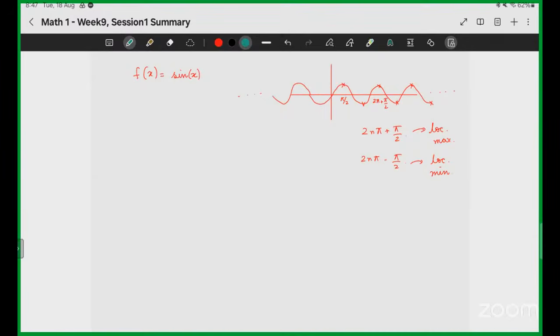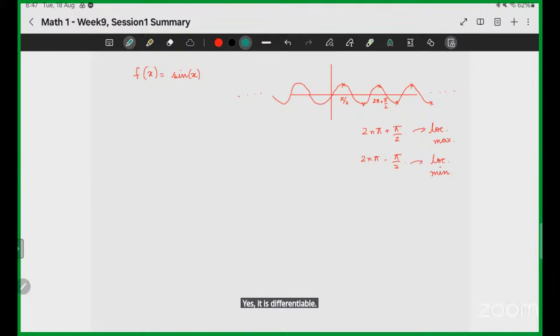Is sin x a differentiable function? Are trigonometric functions differentiable? Yes, it is differentiable.